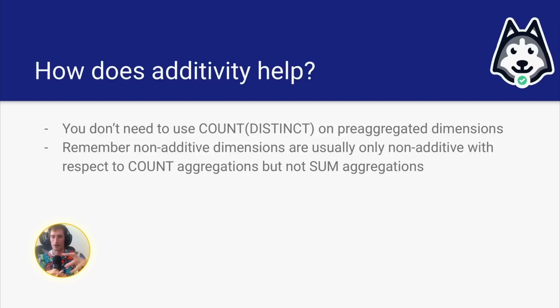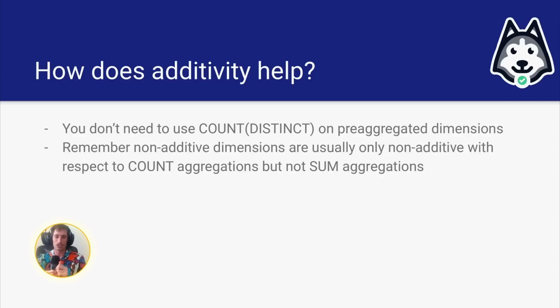If you compose these metrics together, you're back into the nasty additive versus non-additive thing where you have to worry about count distinct versus not count distinct. So remember the key thing when you're looking at these dimensions to know if they're additive or not: can a user be 2 of them at the same time?